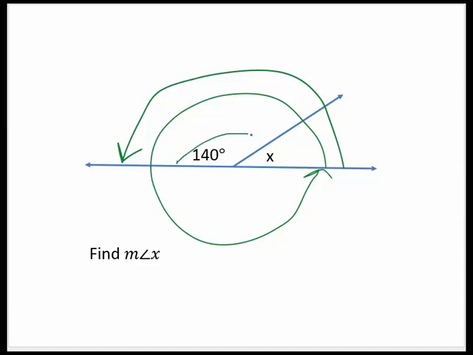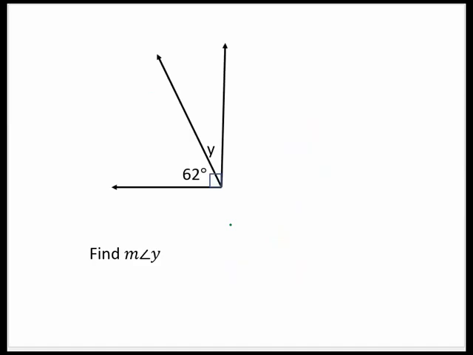So this 140 degree angle plus this angle x have to add up to 180 degrees. So naturally, the measure of angle x is 40 degrees. And the reason it's 40 is because 140 plus 40 adds up to 180. That's a real simple example of using supplementary angles.